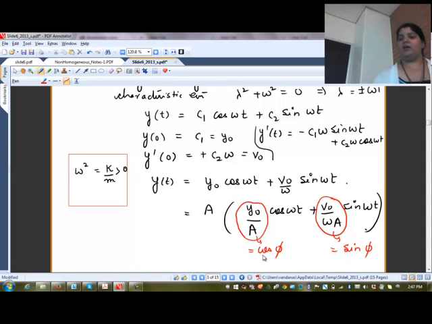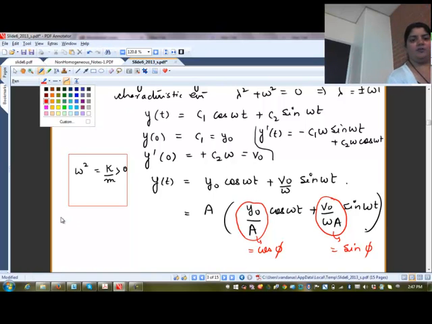Now if I make this assumption, then cosine of phi cosine of omega t plus sine of phi sine of omega t will be nothing but cosine of phi minus omega t, right?